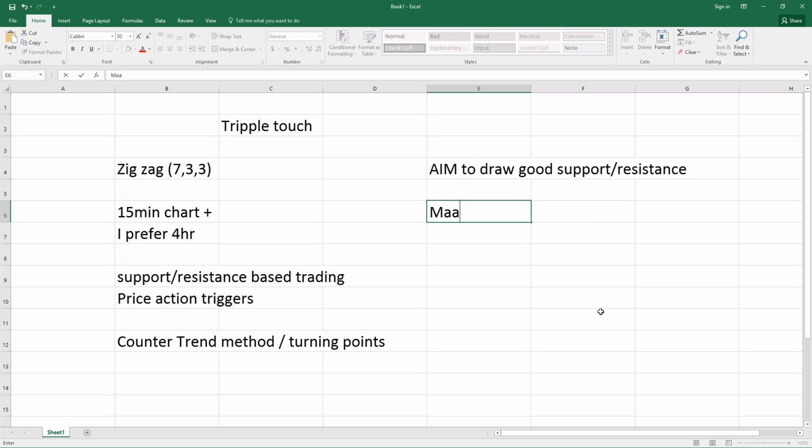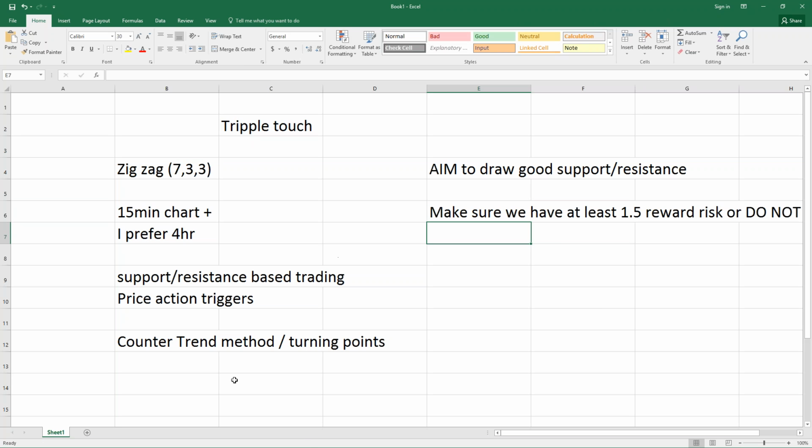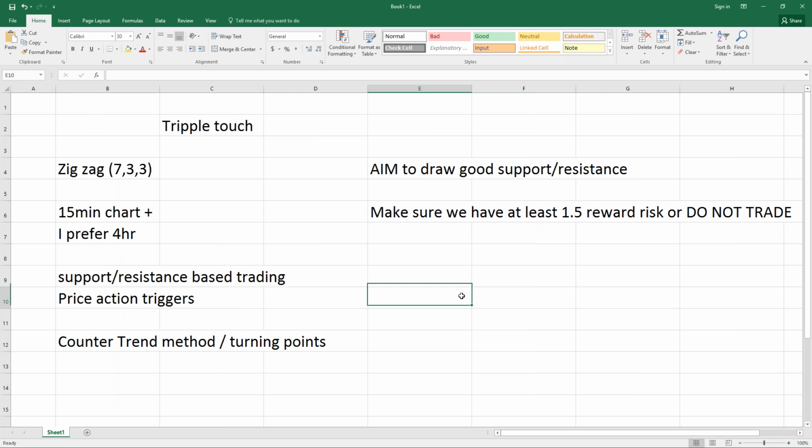So make sure we have at least 1.5 reward to risk, or do not trade. Okay, so we understand that. If we don't have at least 1.5 reward to risk, do not take the trade.